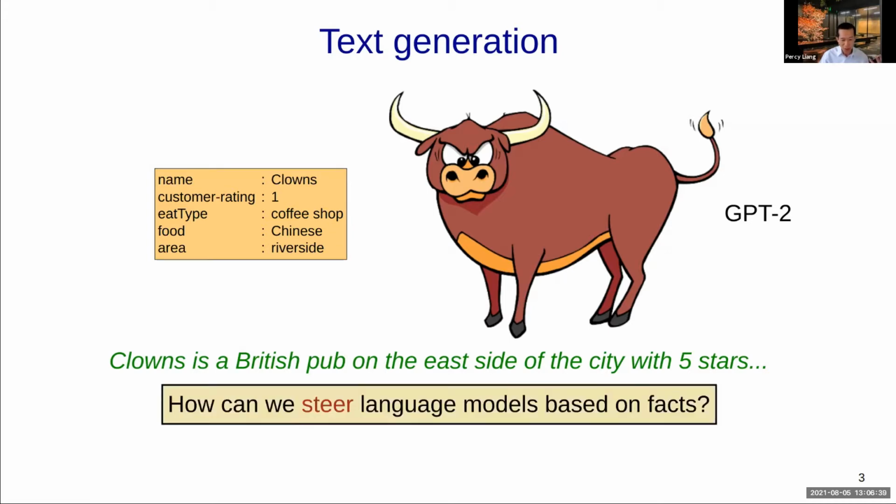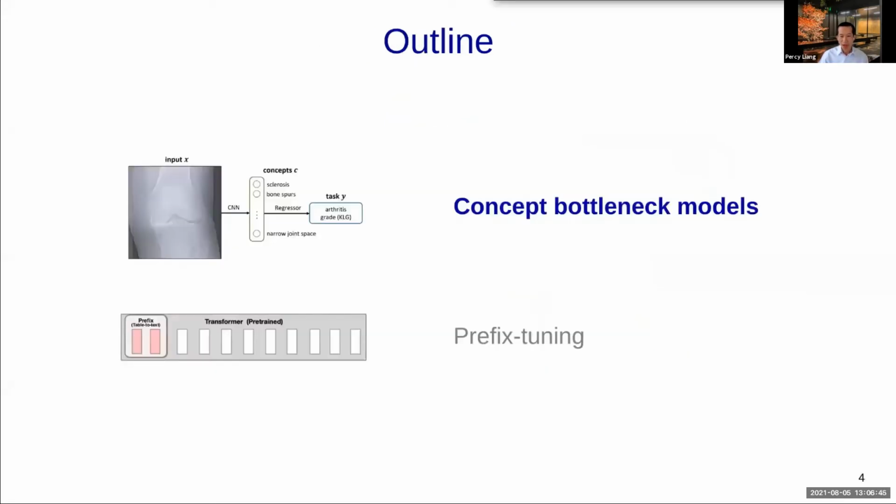In other words, how can we steer these language models? The talk is going to be divided into two parts: concept bottleneck models, which is about how we can change the models to allow humans to intervene and interact with them, and prefix tuning, which appeared at this ACL, on how to steer language models to produce good generation.